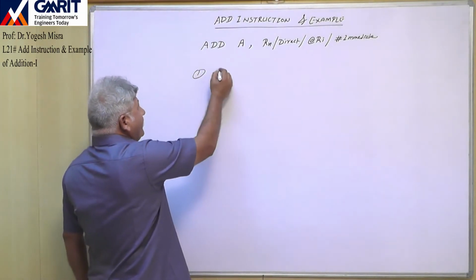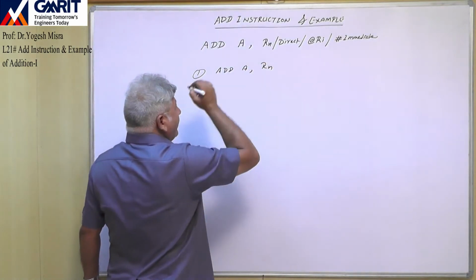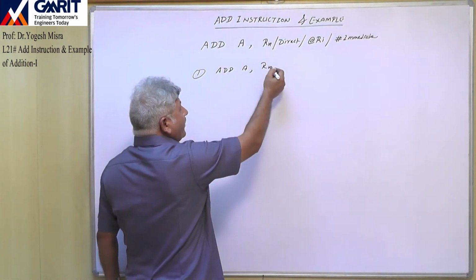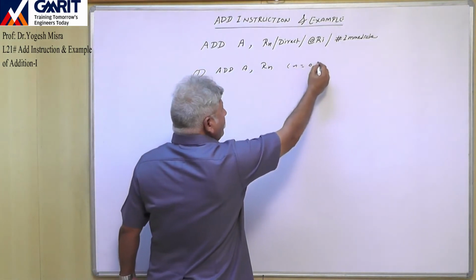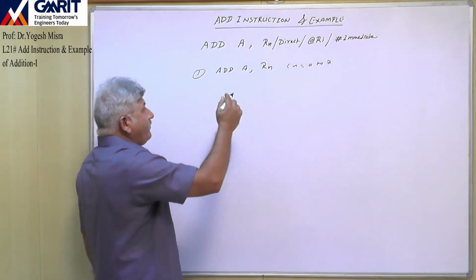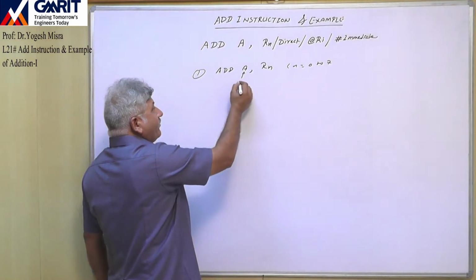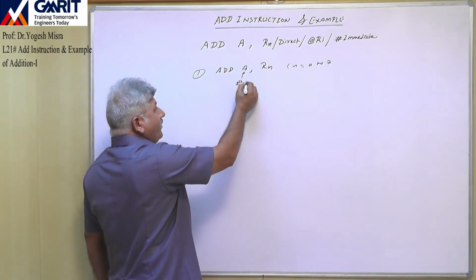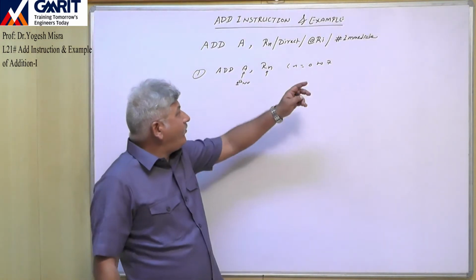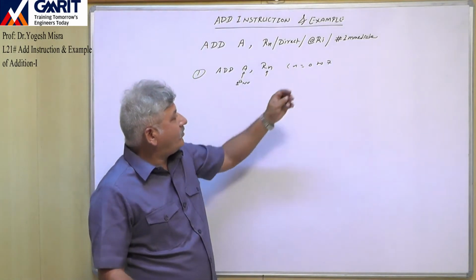So the first form is add A, comma, Rn. Here n is 0 to 7. So when we are adding two numbers, the first number must be in A, and the second number must be in any of the registers like R0, R1, R2 up to R7.